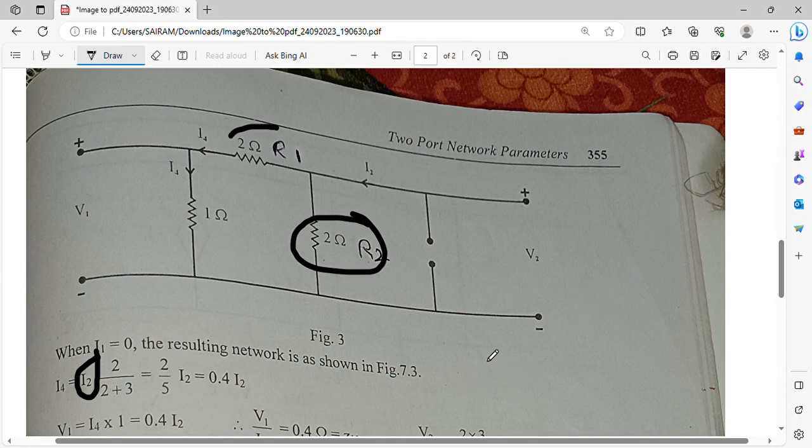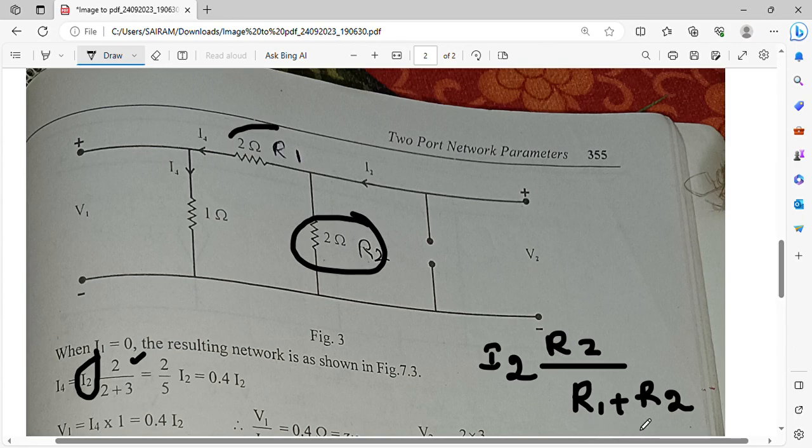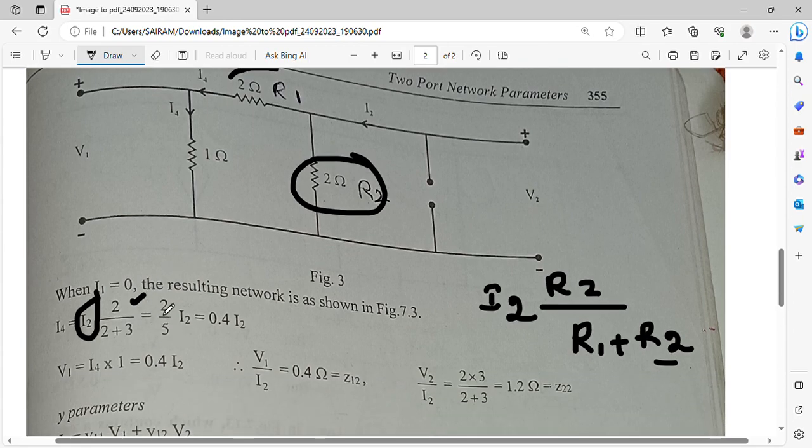My formula is I2 into R2 divided by R1 plus R2. Applying this, my R2 is 2, and here it is 2 plus 1, which is 3. So now I'm going to get 2 by 5 I2, which is equal to what?